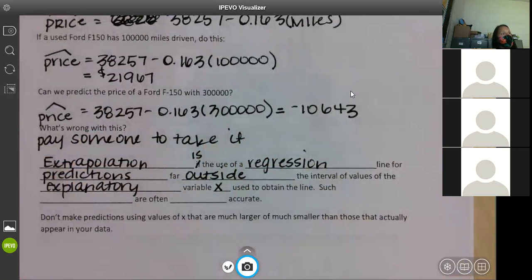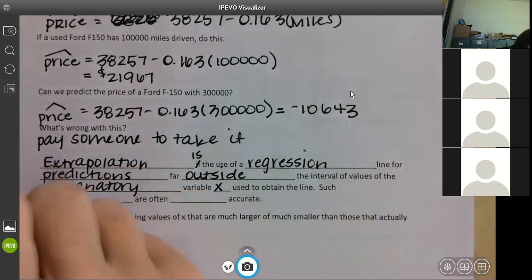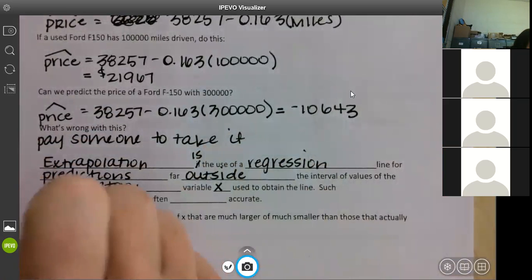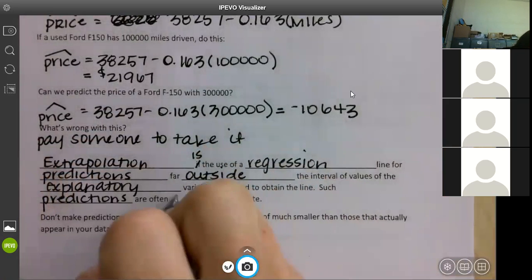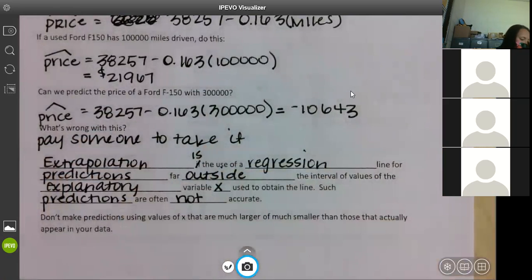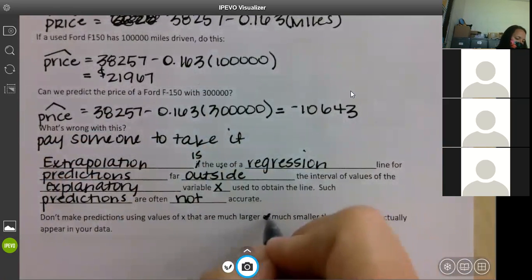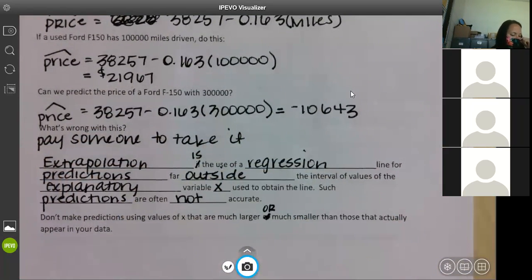So exactly what Rachel said, that line of best fit does eventually cross over the x-axis, so we're not using the correct values. Such predictions are not accurate. So don't make predictions using values of x that are much larger or much smaller than those that actually appear in your data. Whatever your smallest one is, don't go below that for your mileage, okay?